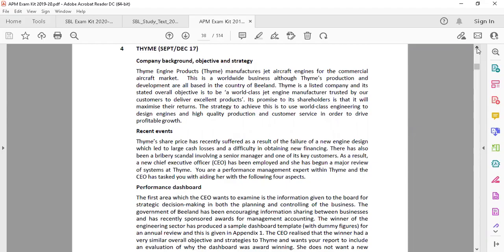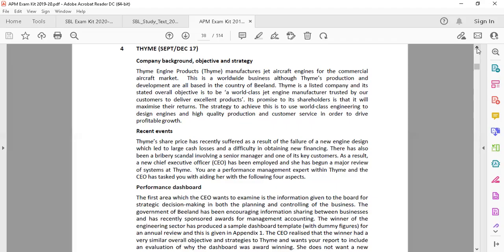Its promise to its shareholders is that it will maximize their returns. The strategy to achieve this is to use world-class engineering to design engines and high quality production and customer service in order to drive profitable growth.